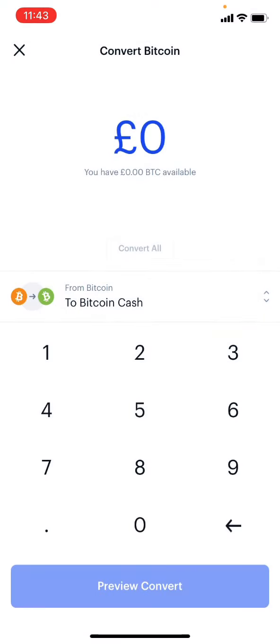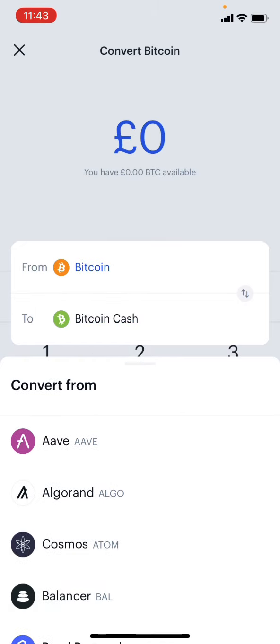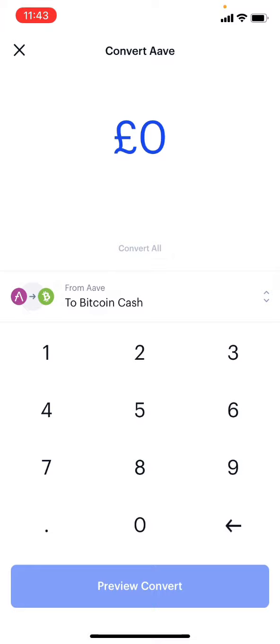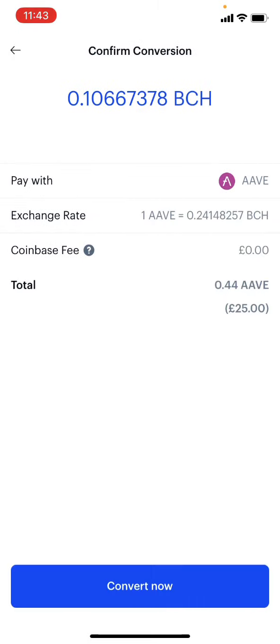I'm going to convert from Aave to Bitcoin Cash, 25 pounds. Click review, then you can see for converting, normally Coinbase doesn't charge you. I'll convert 25 pounds to Bitcoin Cash. You can also convert to Bitcoin as well.